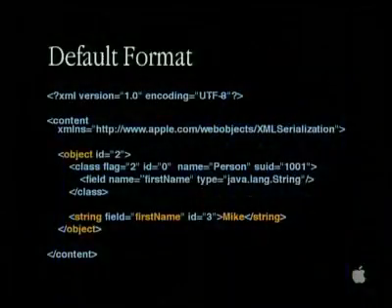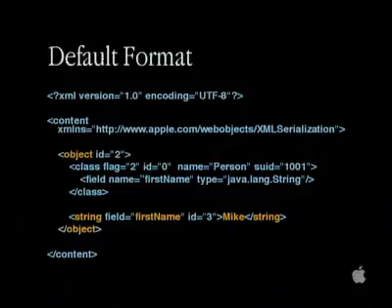So here is the default XML output of a serialized object. I want you to focus on the middle part because the rest is just namespace and stuff. We have a serialized object, and this first child is a class structure, which most of us who are focusing on the content part of it can ignore. Those of you who want to know the class structure, it is there for you.